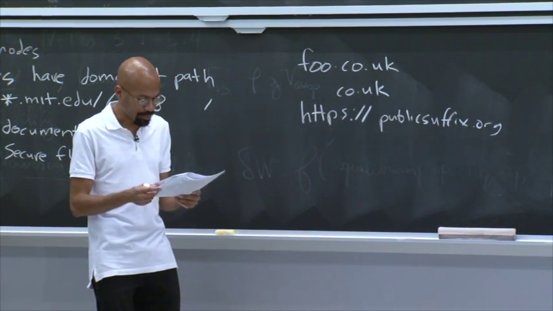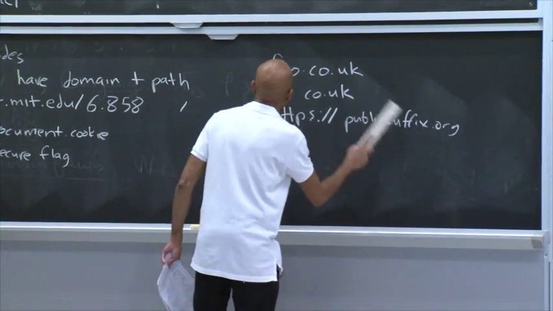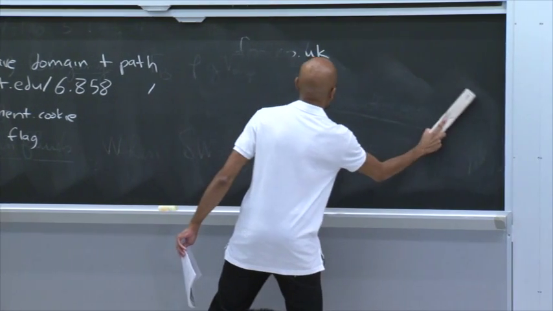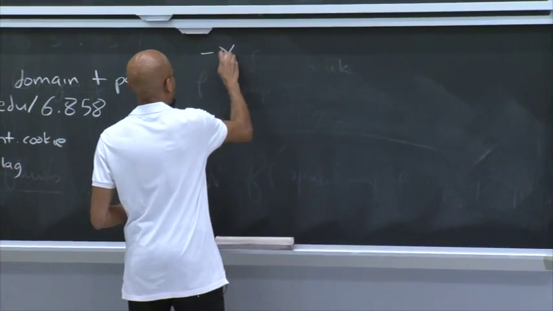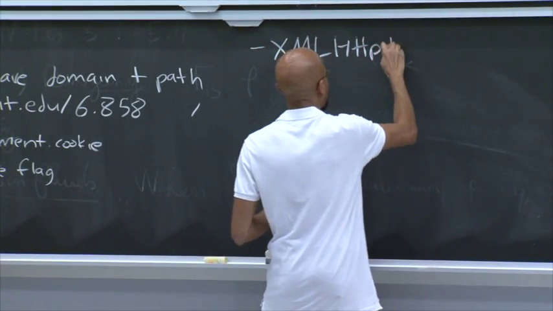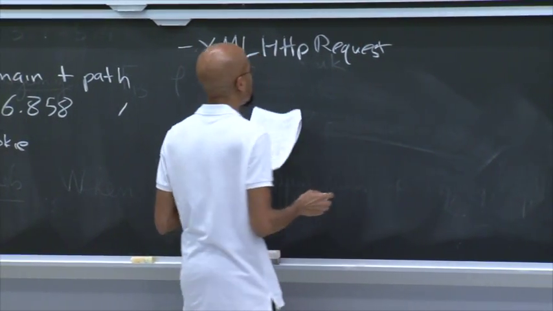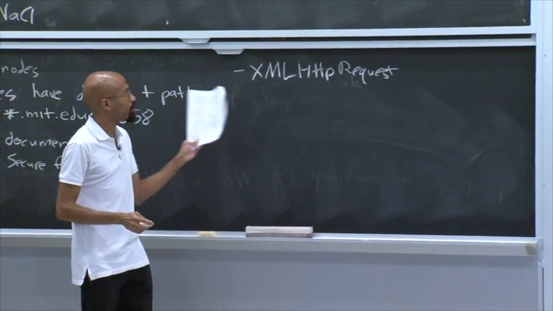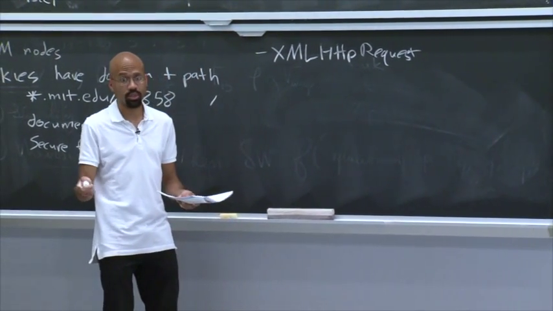Okay, so with respect to XML HTTP responses, how are they treated by the same origin policy? So by default, JavaScript can only generate one of these if it's going to its origin server.